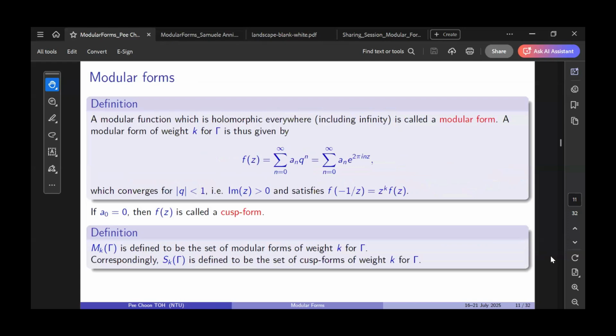So basically, a modular form is a function in this form which satisfies the property that f(minus 1 per z) is equal to z to the power of k times f(z). If a_0 is also 0, which means we can start from n equal 1, then we call this a cusp form.